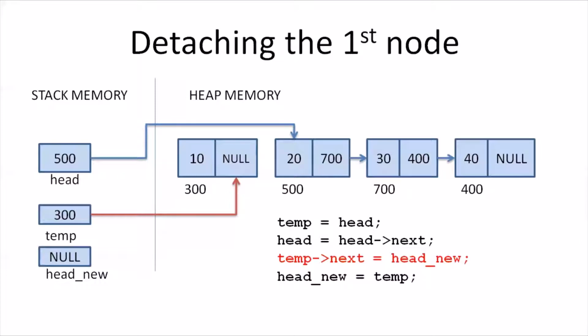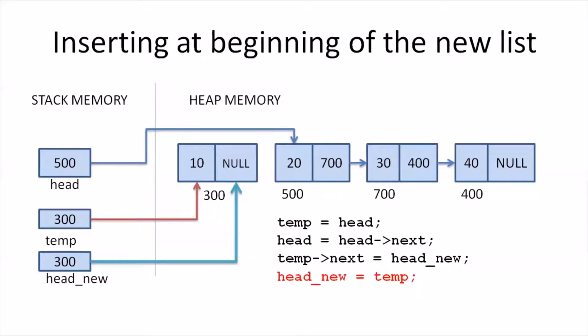Now we move on to the next step, that is inserting it as the first node of the new linked list. The new linked list will be pointed to by head new and currently it is holding null. So in order to make this detached node the first node of the new list, we have to store the address of this node into head new. Accordingly, we execute head new equals temp.